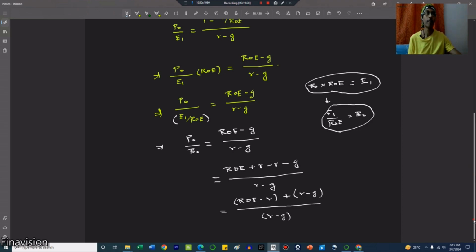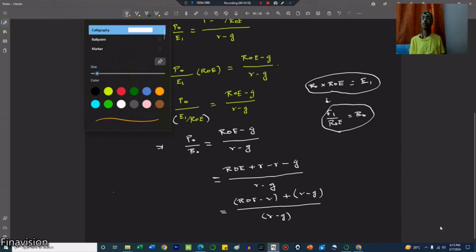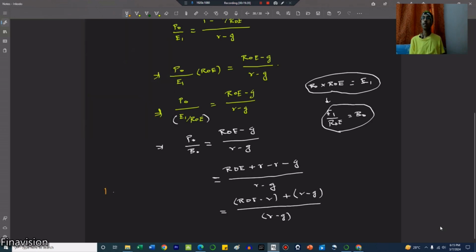With a little bit of further manipulation, we can easily write P0 by B0 is equal to, let this remain as it is, this is divided by this, and this becomes 1 plus (ROE minus r) by (r minus g).